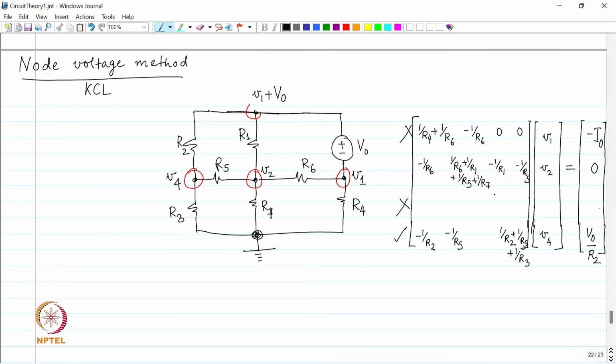The second row says minus 1 by R 1 times V 3, but V 3 is nothing but V 1 plus V naught. So, it is minus 1 by R 1 times V 1 minus 1 by R 1 times V naught.